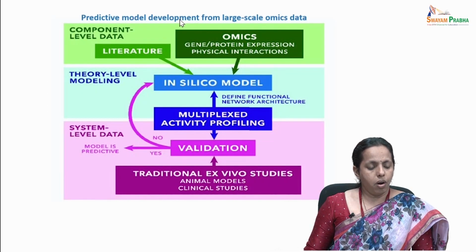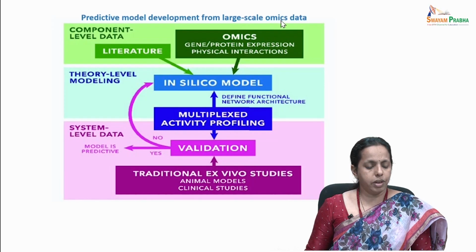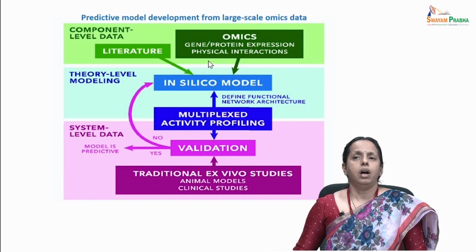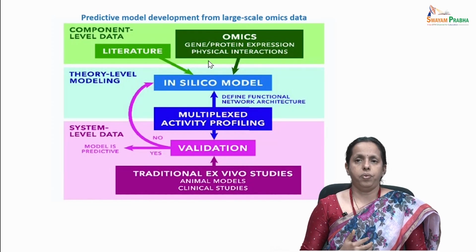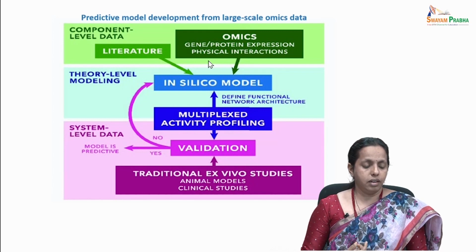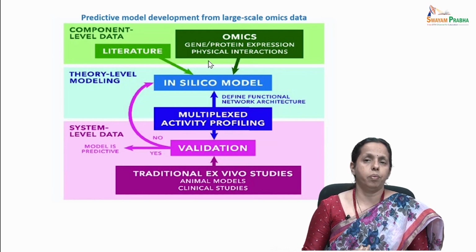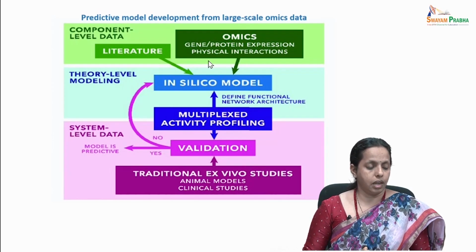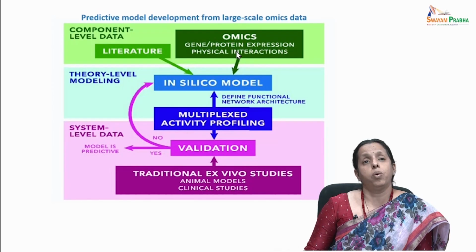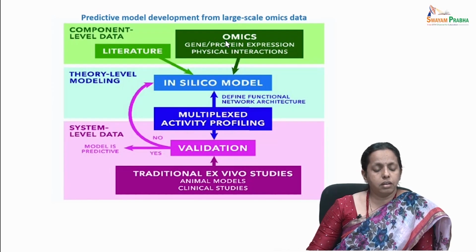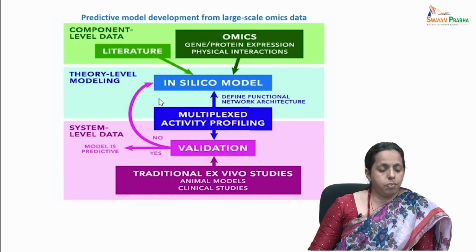This is predictive model development from large-scale omics. As I said, you have loads of data generated from your omics, that is your transcriptomics, your proteomics, and your whole next generation sequencing. Then you even have several portals such as the TCGA portal and the cBioPortal, where all this data is deposited.